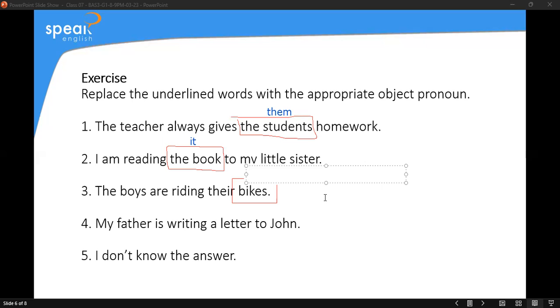It, if I am talking only about one bike, but this is bikes in plural. Them. Excellent. So I can say the boys are riding their bikes or the boys are riding them, because we're talking about the bikes.